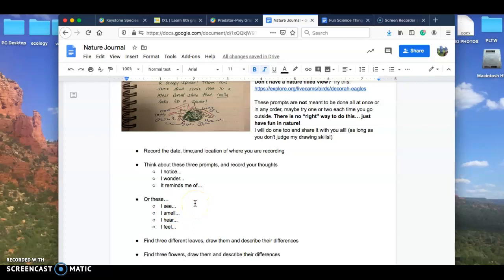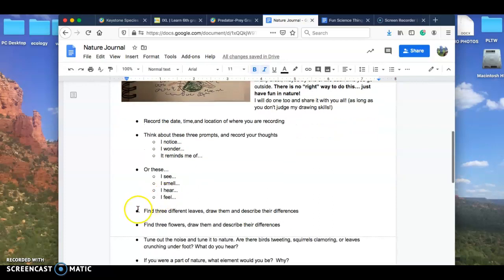One thing that I've been doing, maybe this is a little bit of a cheat, I haven't been taking my notebook with me when I go out for a walk, but I have my phone with me. And if there's something that I want to think about, to write about when I get back home, I take a picture of it. So I did that for the leaves prompt.